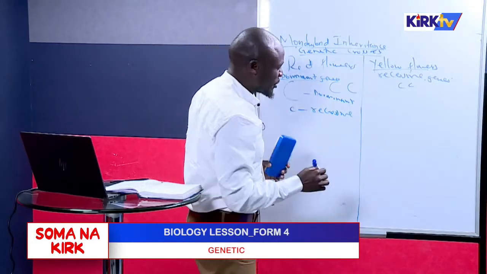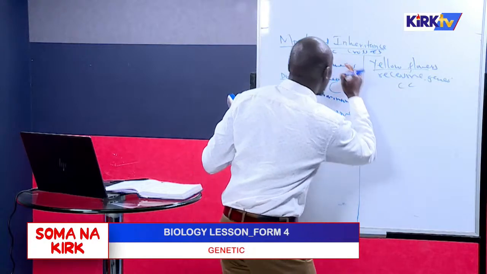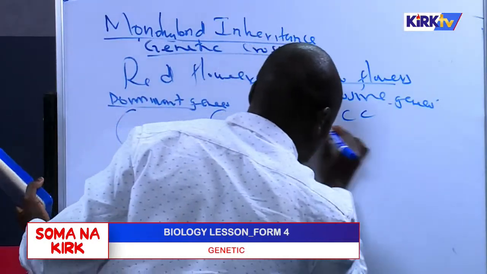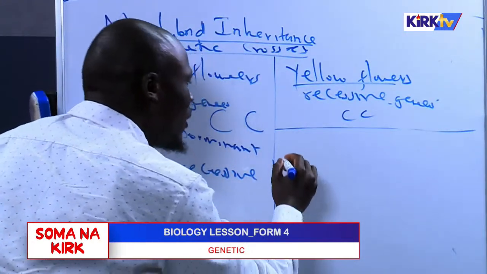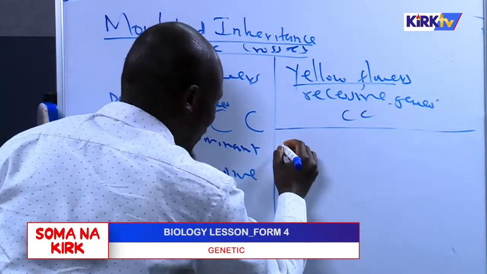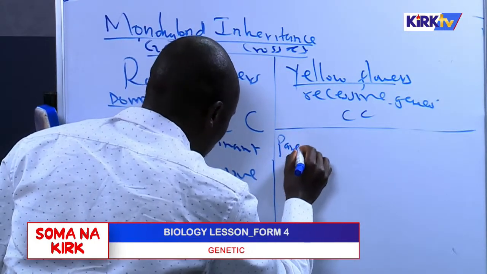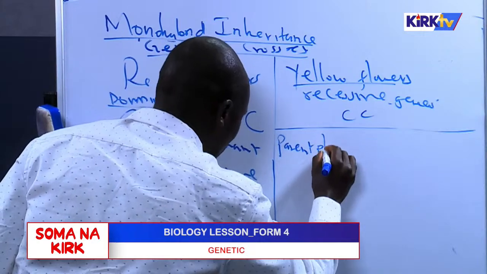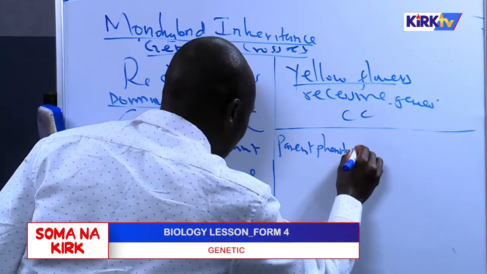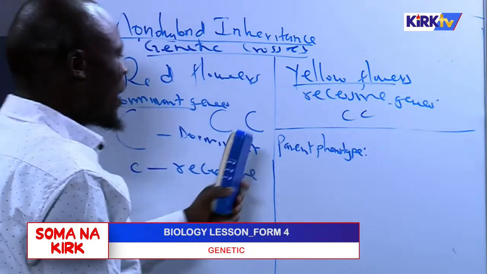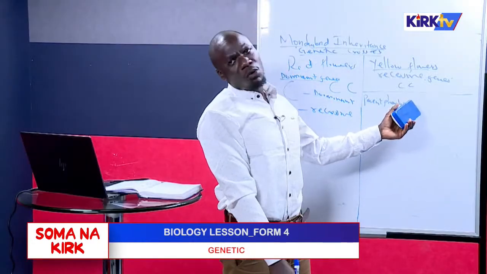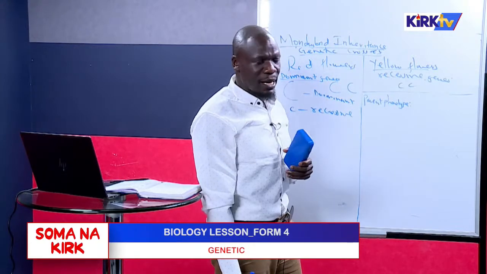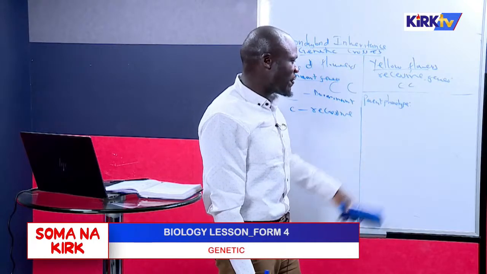Now we come to this point. Now we want to represent them using the genetic crosses. We start with the parent phenotypes. The parent phenotype here, of course, we'll have to know the symbol to represent the male and the symbol to represent the female.